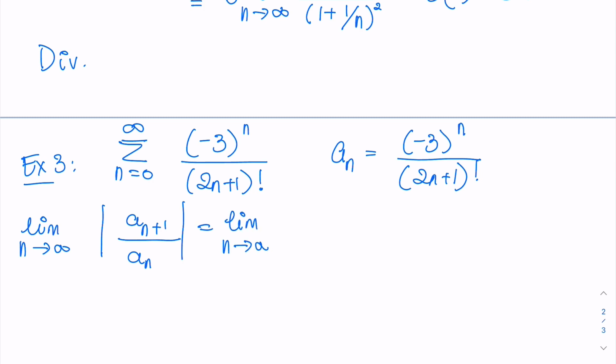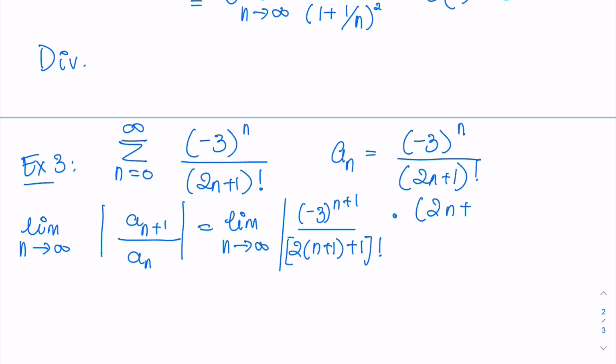It's going to be -3 to the n plus 1 over 2 times n plus 1 plus 1 factorial, multiplied by 2n plus 1 factorial over -3 to the n power.